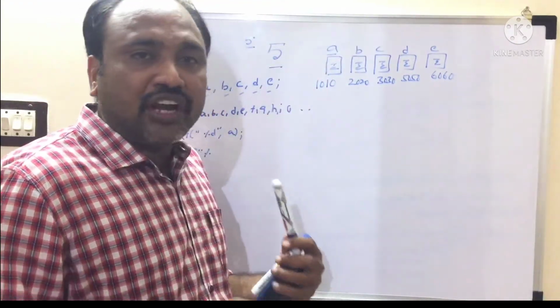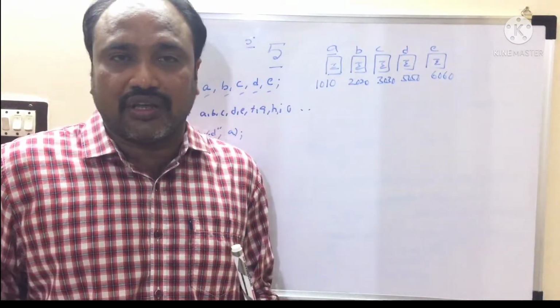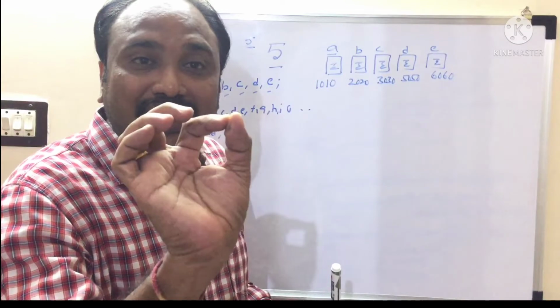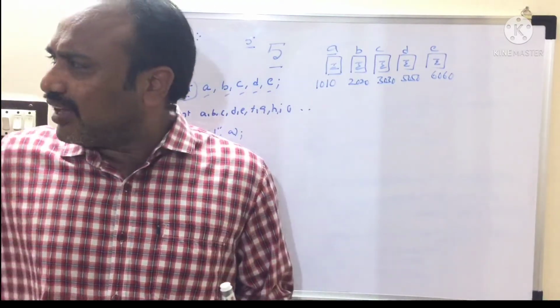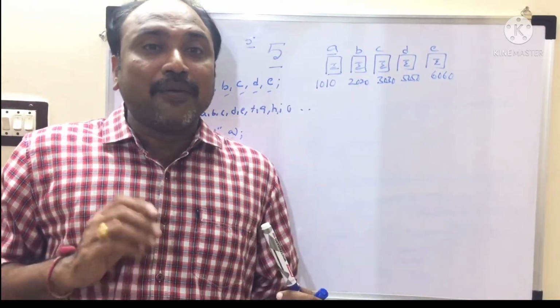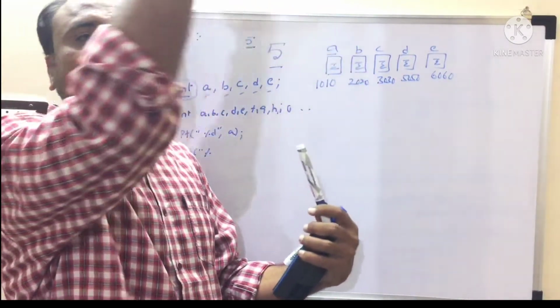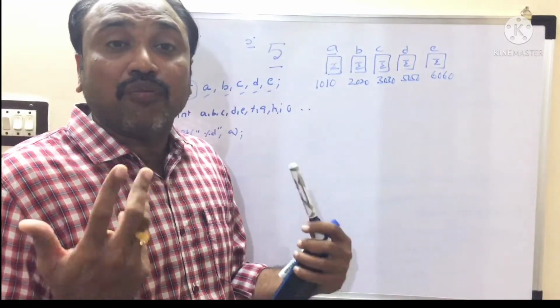Suppose all your relatives are residing on your same street, in side by side houses. Then it will take only 10 minutes to invite all of them. If they are residing in different cities, it will take more time to go and invite them.